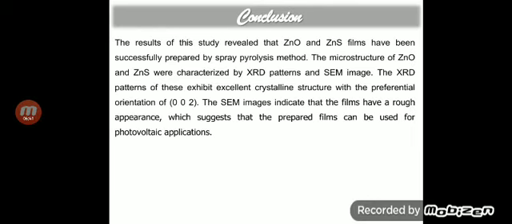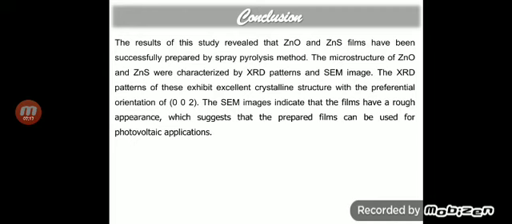Conclusion. The results of this study revealed that zinc oxide and zinc sulfide films have been successfully prepared by separate pyrolysis method. The microstructures of zinc oxide and zinc sulfide were characterized by XRD pattern and scanning electron microscopy images.